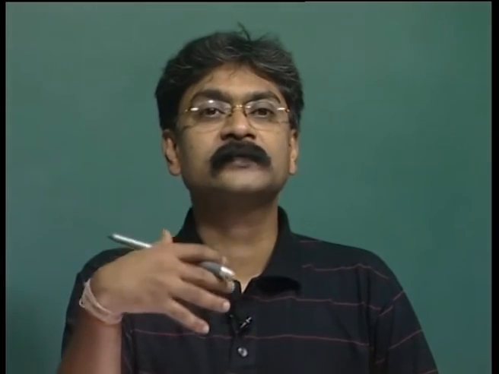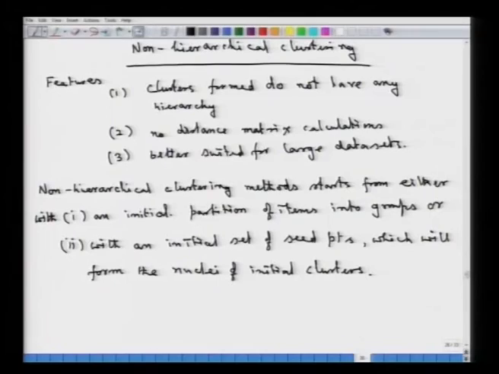They may be chosen from among the existing data, or just p-dimensional k seed points, which act as the centroids or nuclei of the initial clusters. These are the two ways in which a non-hierarchical clustering method starts. I will put a note on how one can actually do that, starting with either of these.